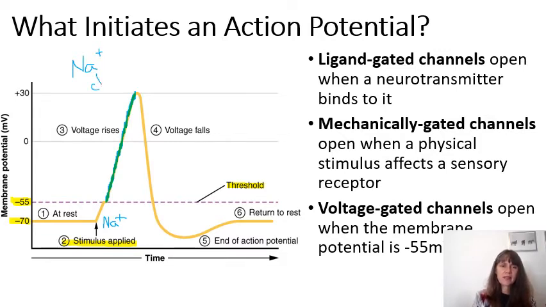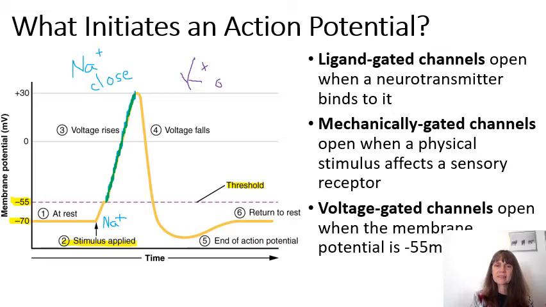There's something else that happens at positive 30 millivolts. At positive 30 millivolts, potassium voltage-gated channels will open. Potassium is also positively charged.